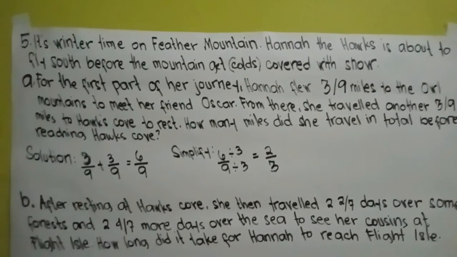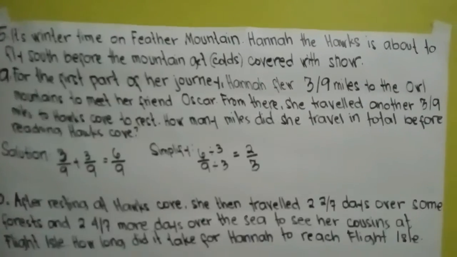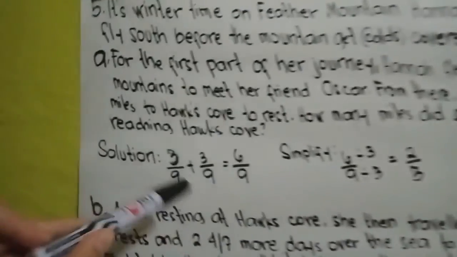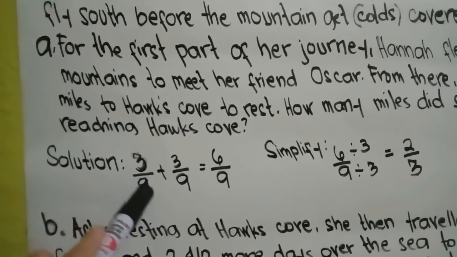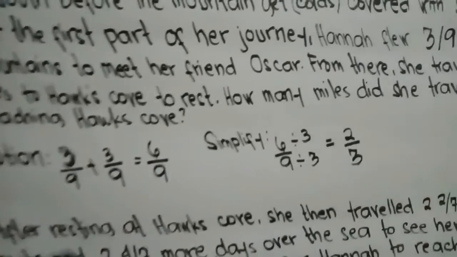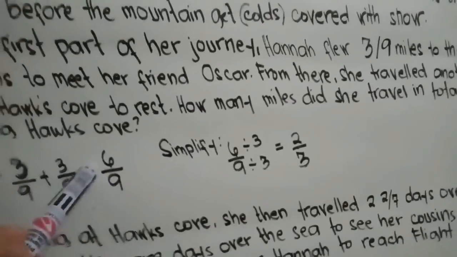So, to get the answer, first is list down the numbers. So, solution, 3 over 9 miles plus 3 over 9 miles equals 6 over 9. So, how did we get it?